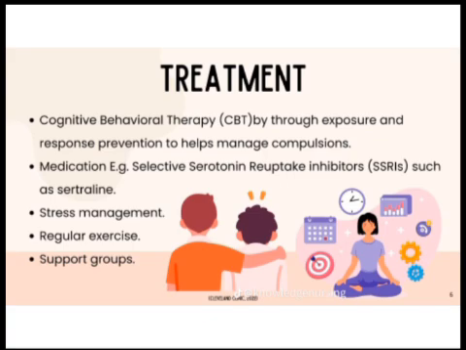Here they talk about exposure and response prevention to help them manage compulsions. We know that cognitive processes are those processes that take place in the brain. So here the individual will be advised to attend this cognitive behavioral therapy to manage these compulsions.